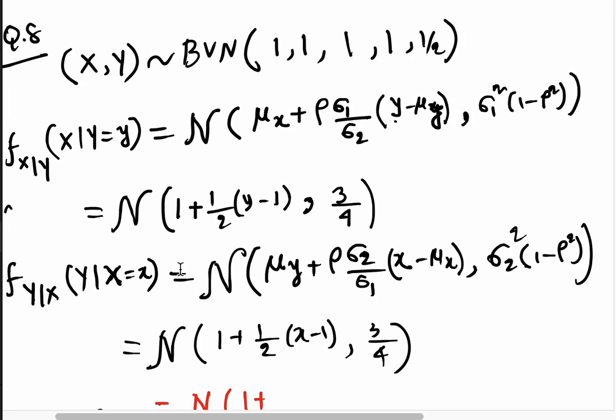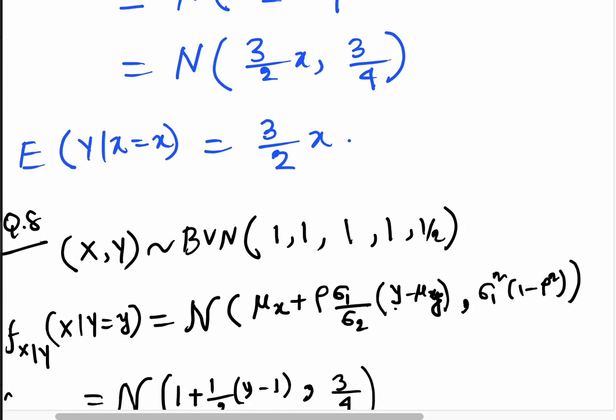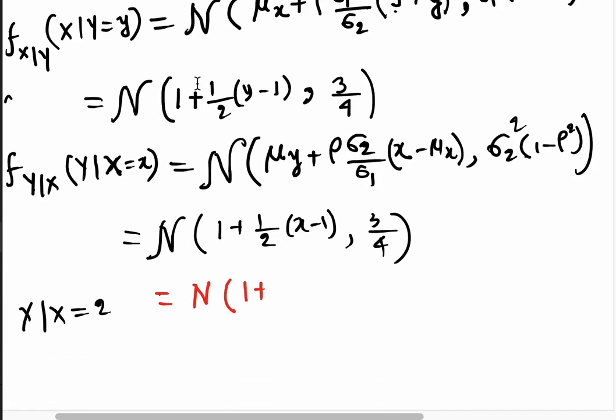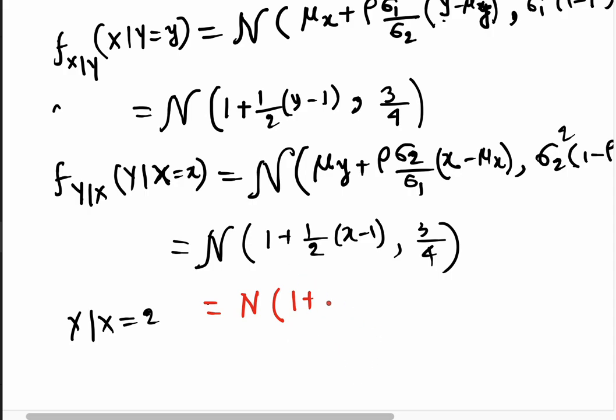Okay, I missed something. I think what it is, 1 plus x equal to 2, that will be half, and this is 3 by 4. So this will be a normal distribution with mean 3 by 2 and variance 3 by 4.